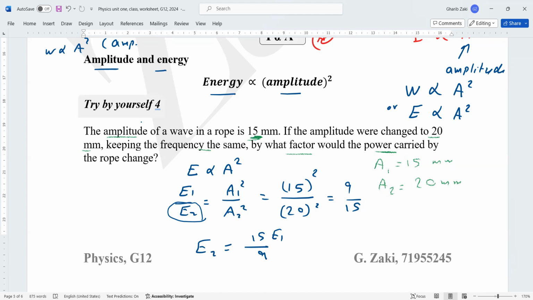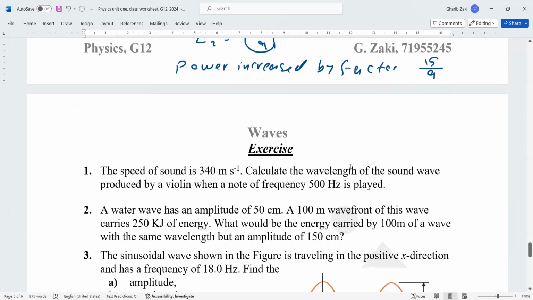So the power increased by a factor of 15 over 9. He said, what is the factor of the power? Any question, guys? Next question.